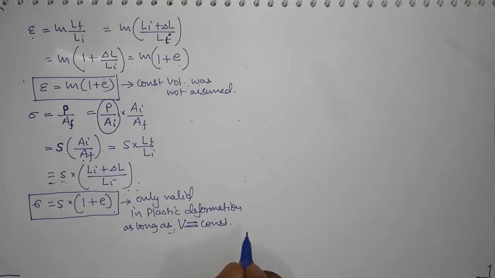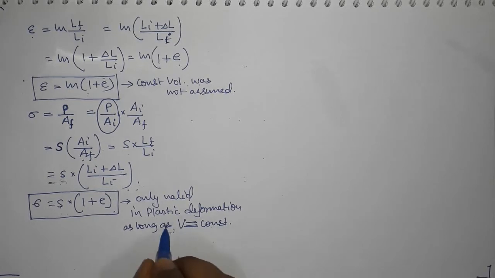In polymers, sometimes volume is not constant, but polymer is a different type of material, and there usually we have either viscoelastic, viscoplastic, or non-linear elastic deformation. Okay, so that's a different case.